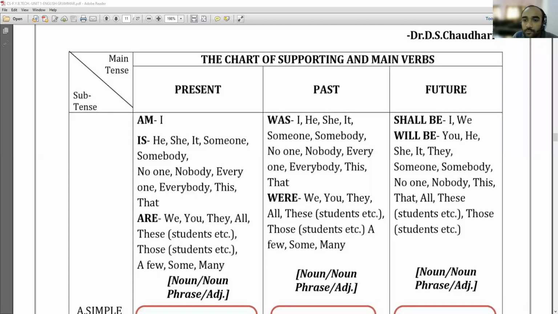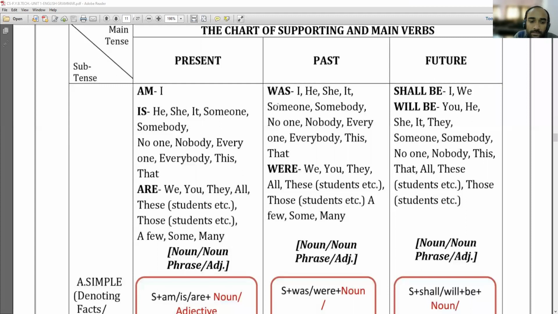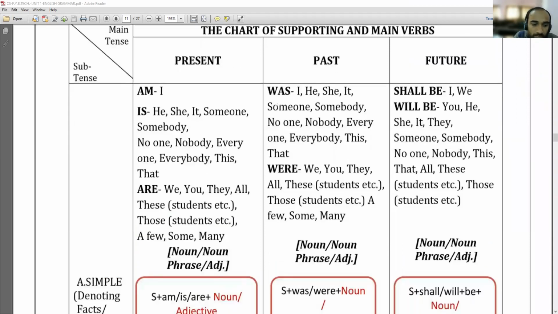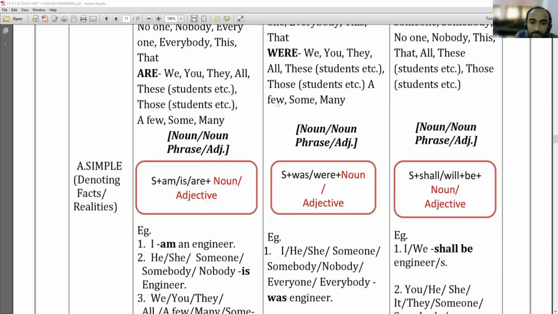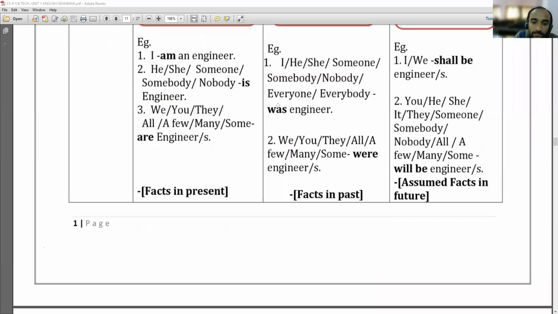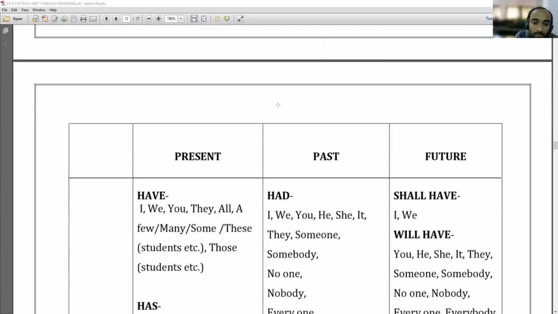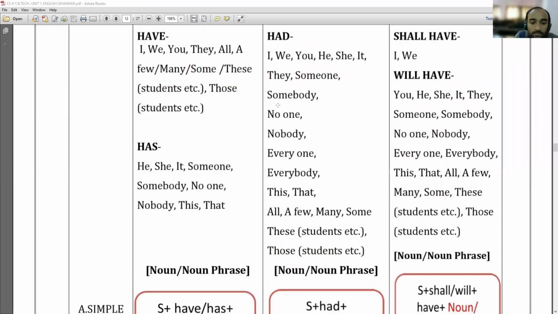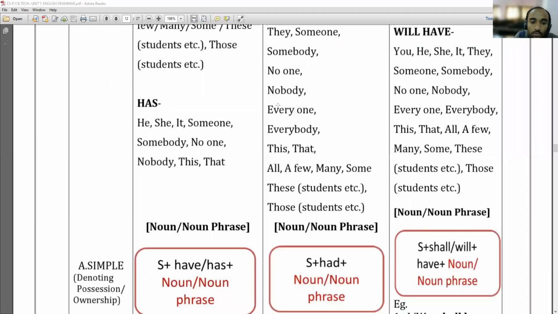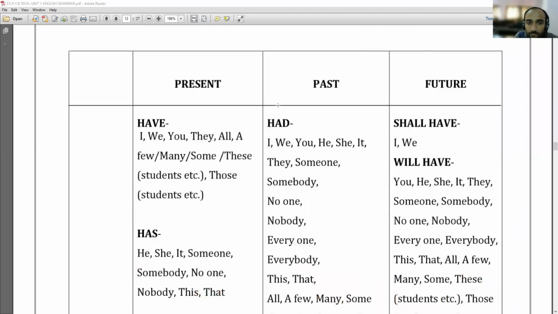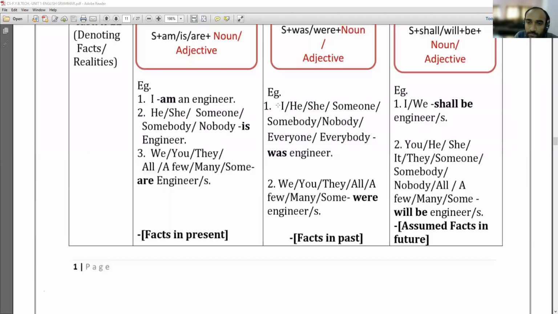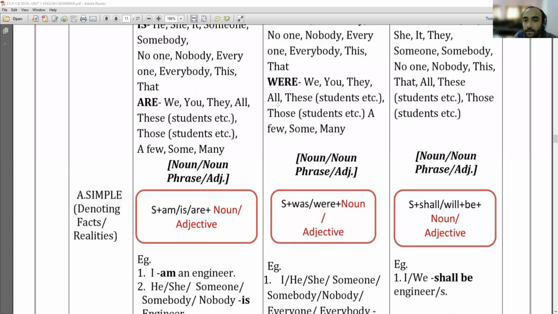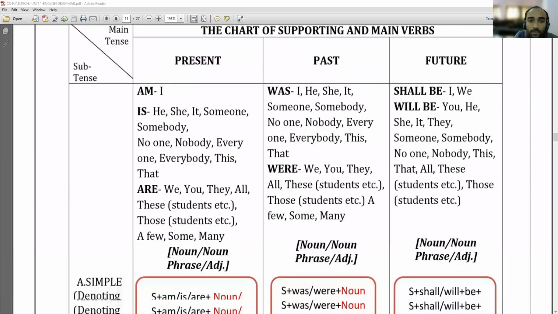This is the chart of supporting and main verbs, and we have already discussed the simple present tenses denoting the facts. Then we also have discussed the simple tenses which show ownership or possession. We will take a quick recap of that, but before that I want to ask something.